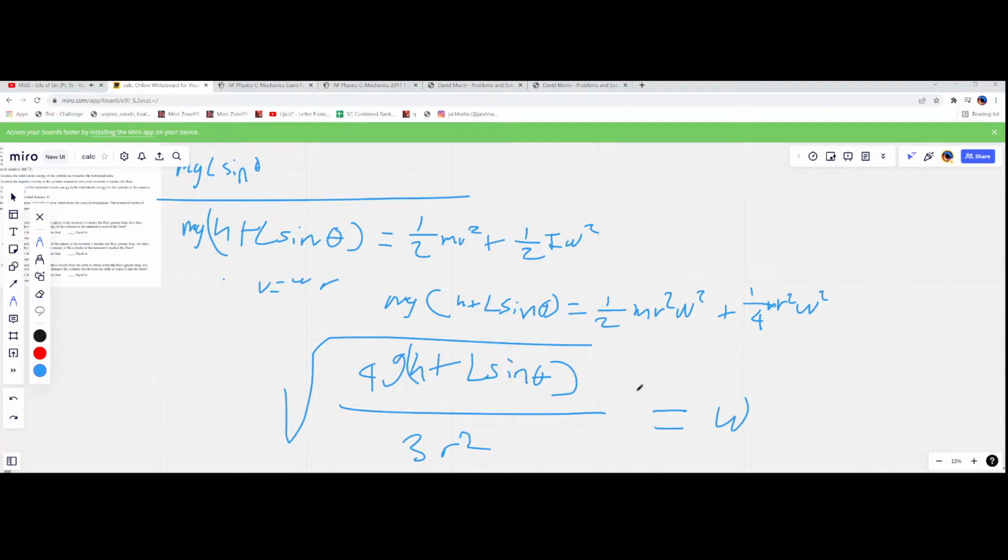It's going to be 1/3, just because you know that the total kinetic energy is going to be 3/4 mv squared, and this is 1/4 mv squared, so it's a pretty trivial conversion.